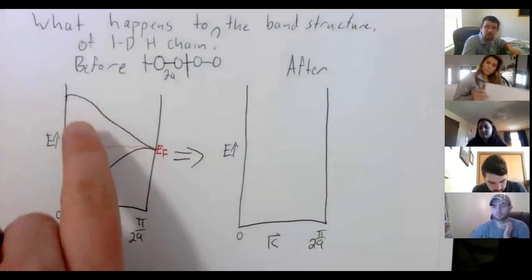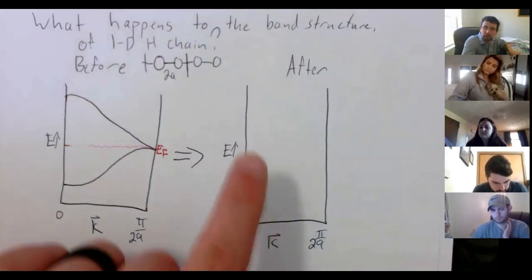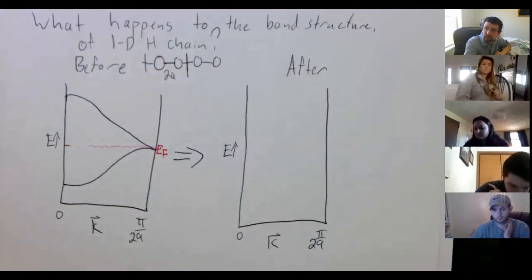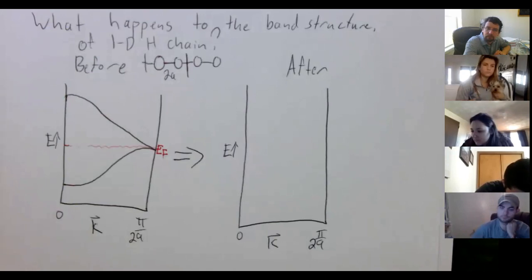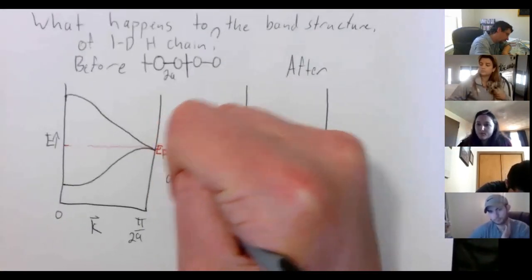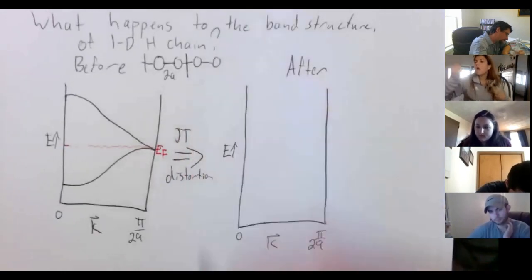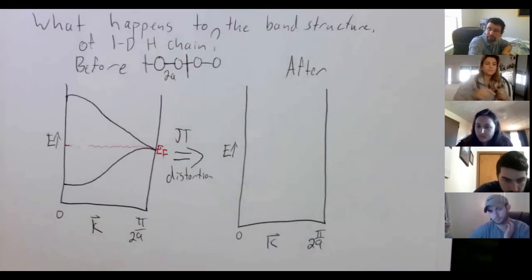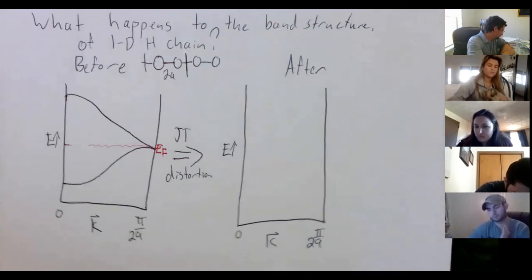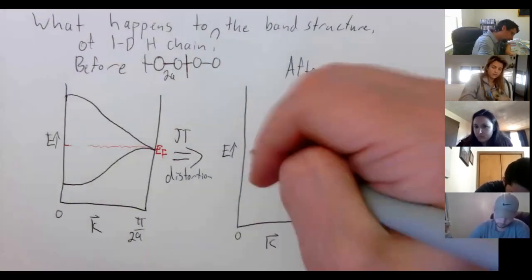So back to the system, we know this is where our Fermi level is. What's going to happen to the band structure? The Fermi level would stay the same, but the bands would stop touching. Right.